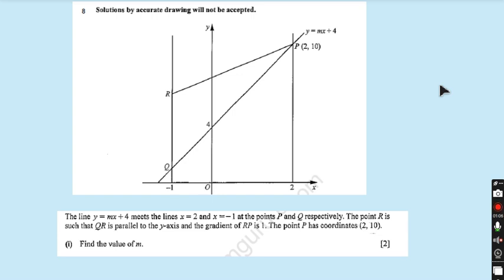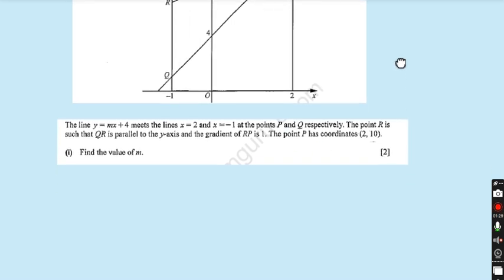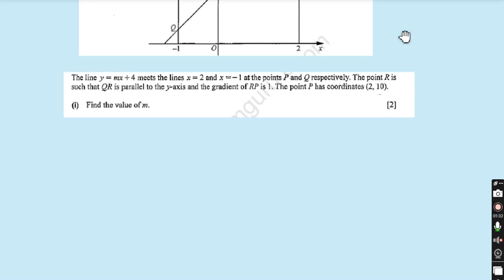The line passing through P and Q has the equation y equals mx plus 4. It is very easy to find the value of m. Just satisfy this equation by the point P (2, 10).